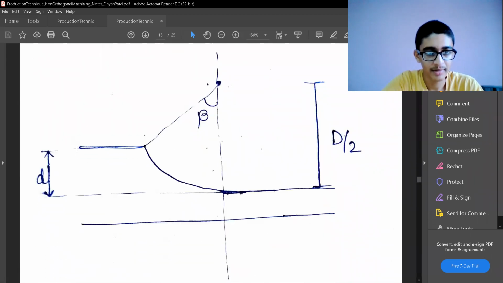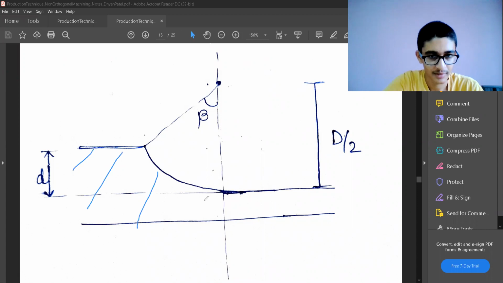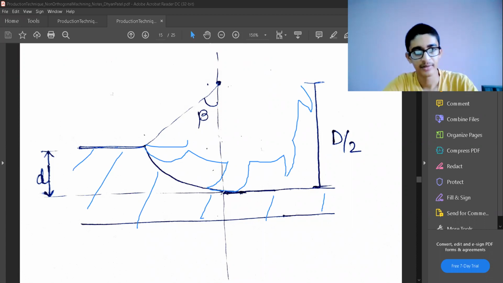So this is how my transitional surface looks. This is the workpiece part, and here I have the cutter. One of the teeth can be like this, the other tooth can be like this, then I have the third tooth, then the fourth tooth. That's how it will go on, and the teeth will keep on rotating.